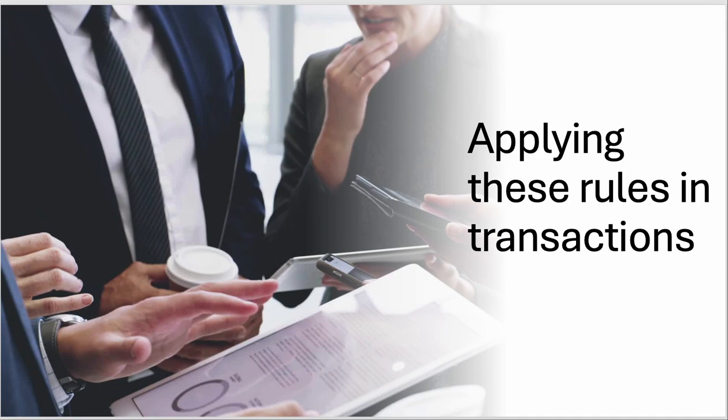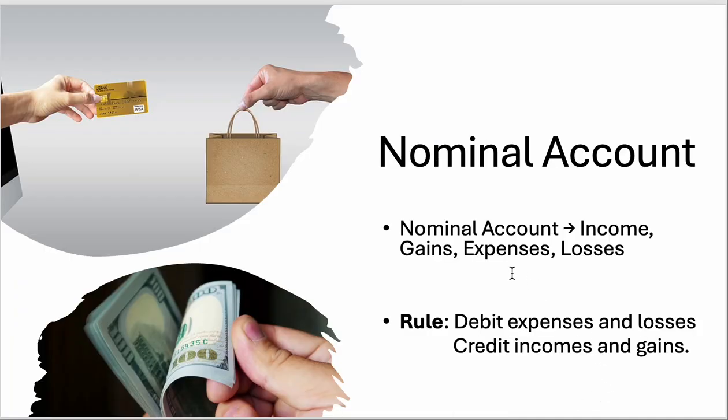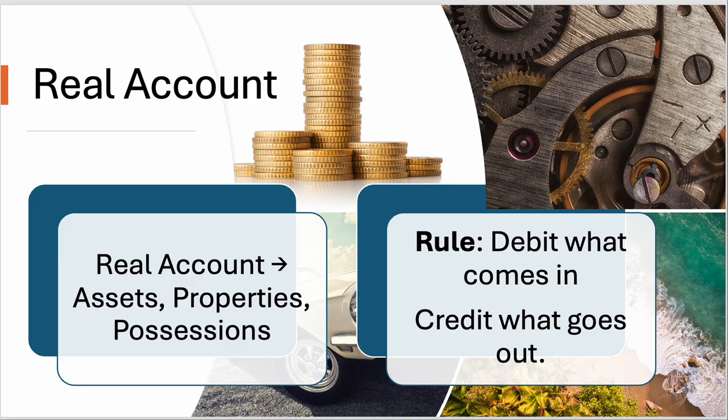Now salary, being a nominal account, needs to be debited because the rule says debit expenses and losses. So salary account debit. Now what needs to be credited? Yes, right. It's the cash because credit what goes out. Cash is going out of the business. So the journal entry becomes salary account debit to cash account.